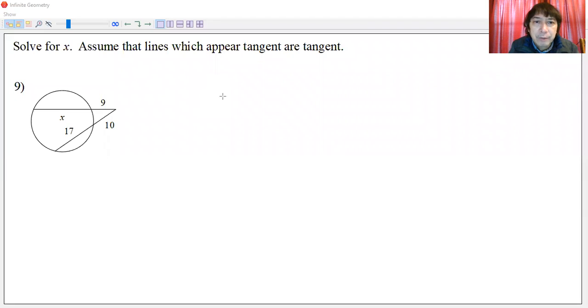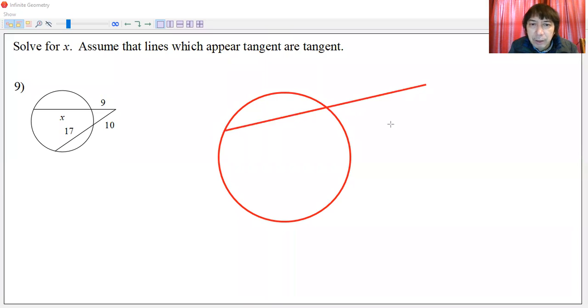So we draw a circle first, and then we put a secant. Let's follow the example. We have a secant, and then we have another secant. Remember, a secant intersects the circle at two different points. So we have 1, 2, 3, 4, and 5 points here.